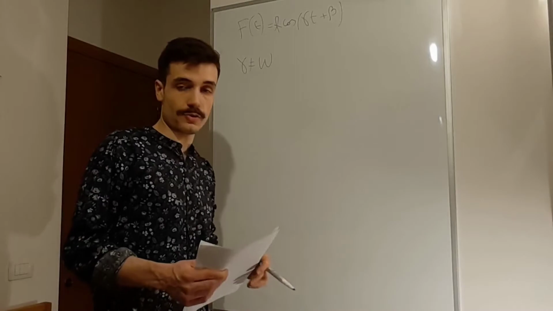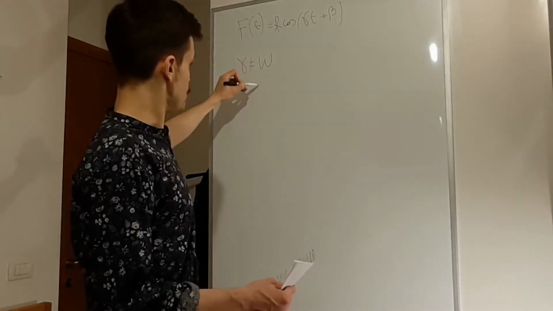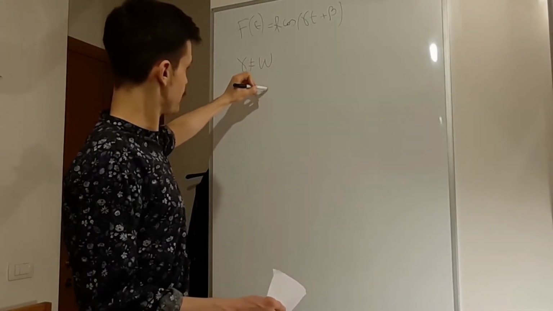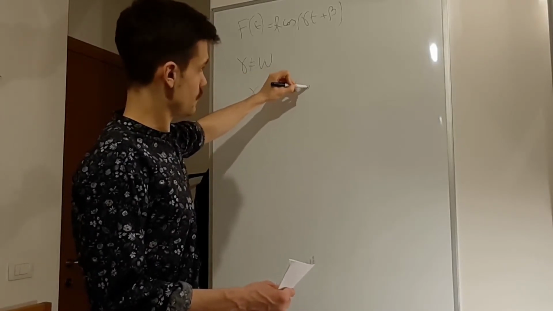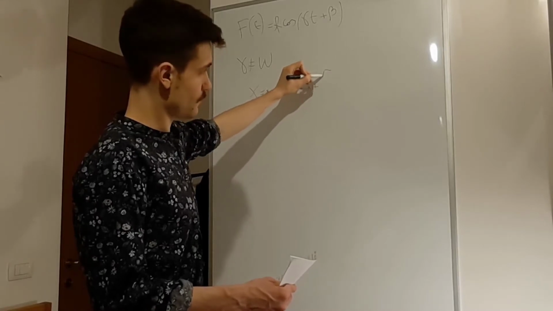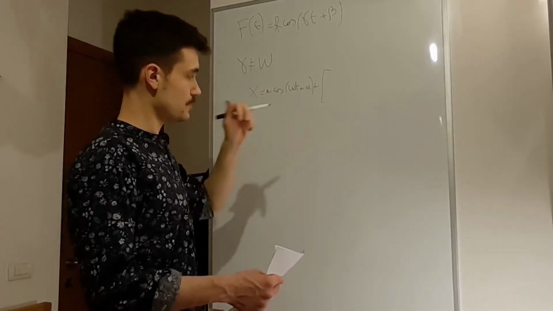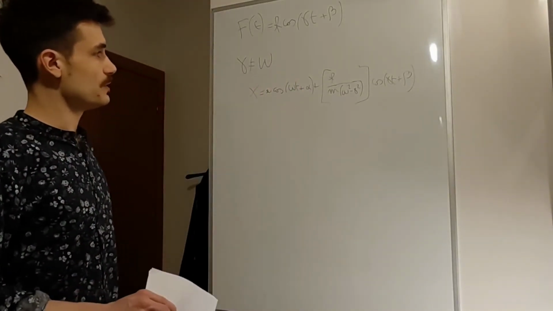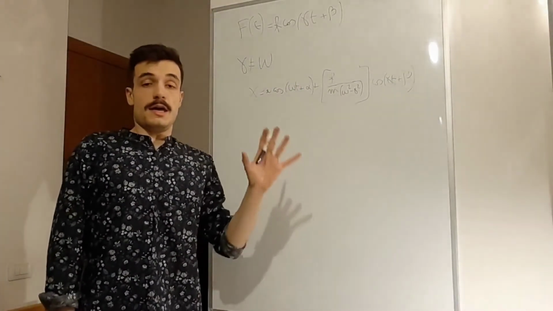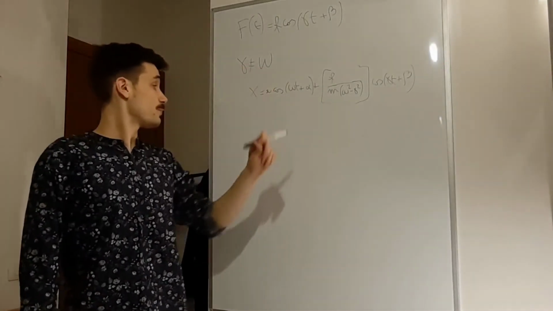In this case I have no resonance, and the solution is in the form of our old solution to which we have to add a term. So this is the solution in case we don't have any kind of resonance.